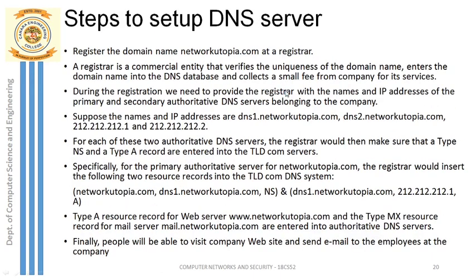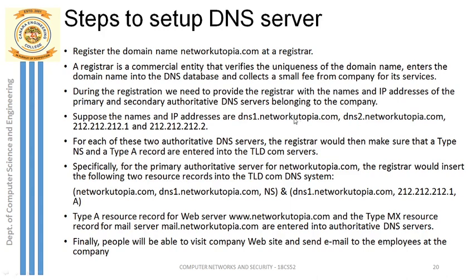As I already said, if my company is a big company, I'll have two DNS servers. One I would call the primary authoritative DNS server. The other one I would call the secondary authoritative DNS server. Now, the .com TLD server only needs to contact the primary authoritative DNS server.